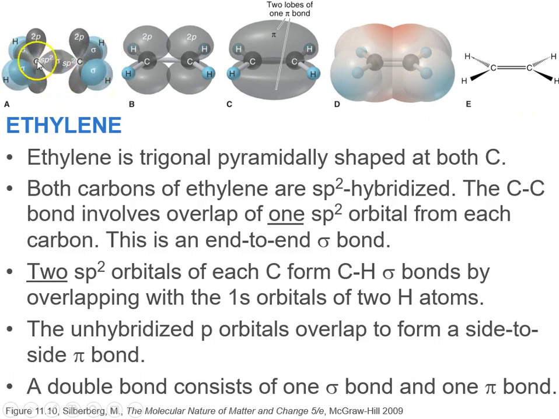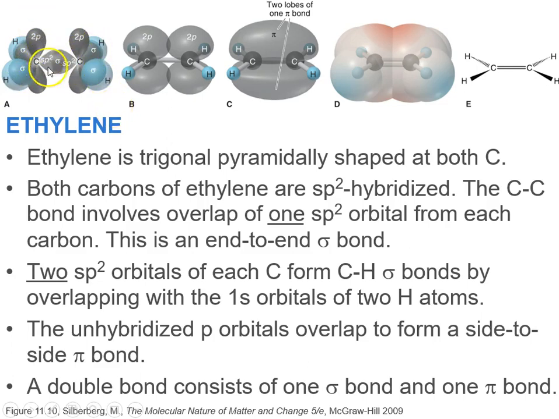One of the bonds in the double bond is formed by sp2 hybrid overlap between the two carbons, and for the hydrogens, the other sp2 hybrid orbitals overlap with the 1s orbitals on the hydrogens.